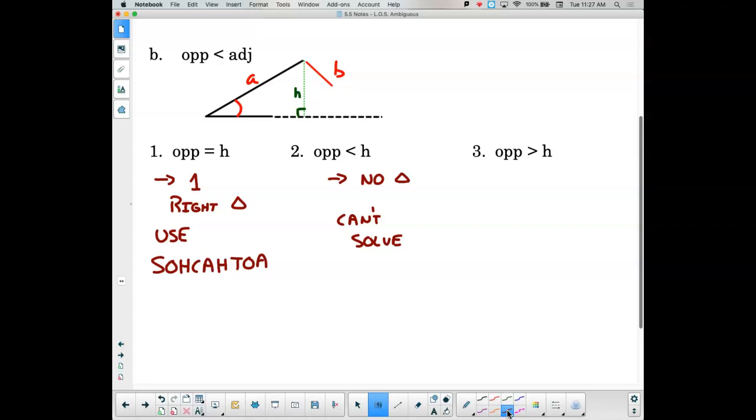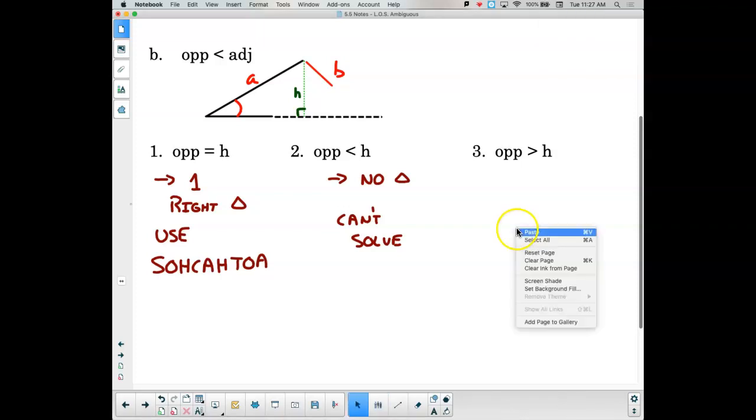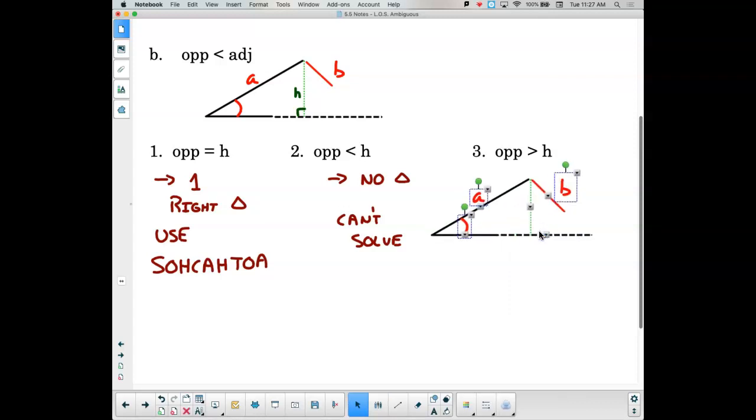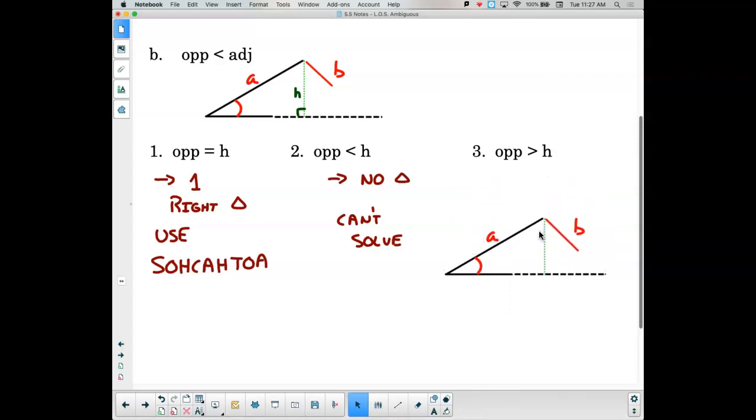If my opposite side is longer than my height, now notice what happens.